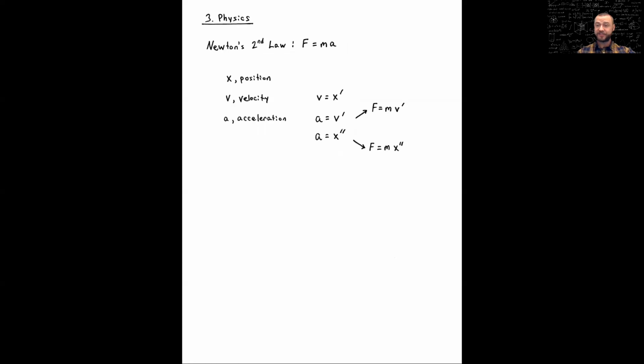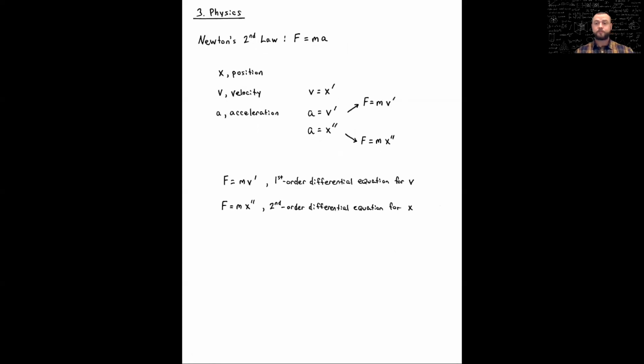If we replace a in Newton's second law with these two different expressions, we get two very different differential equations. The first version, replacing the acceleration with v prime, is what we're going to call a first order differential equation for the velocity v.